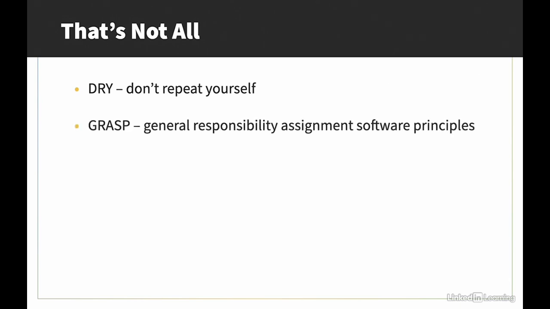I'll also reference the GRASP principles for guidance on allocating responsibilities to classes and modules. This is a collection of brilliant ideas for locating the single responsibility that underlies the SOLID principles. Test-driven development can also help create SOLID design. Creating isolated unit tests for a class tends to reinforce the SOLID design principles.